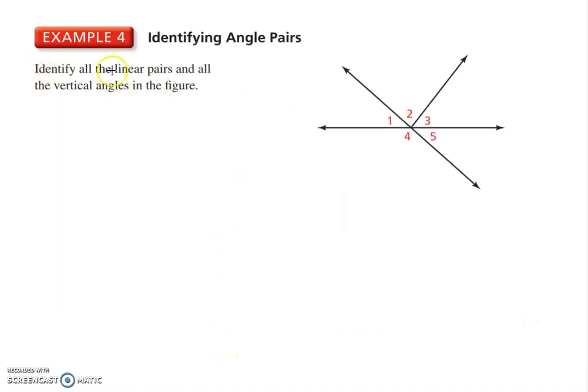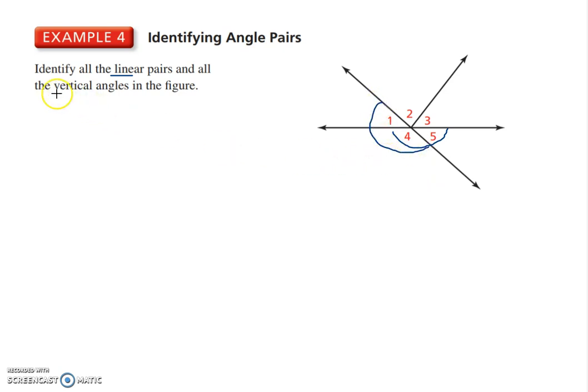All right, identifying pairs. Example 4, identify all linear pairs and all vertical angles. Linear pairs, remember, is the line. So we're looking to see which ones are on a line and share a common ray, common side. So 4 and 5 are a linear pair, and 1 and 4 are a linear pair.